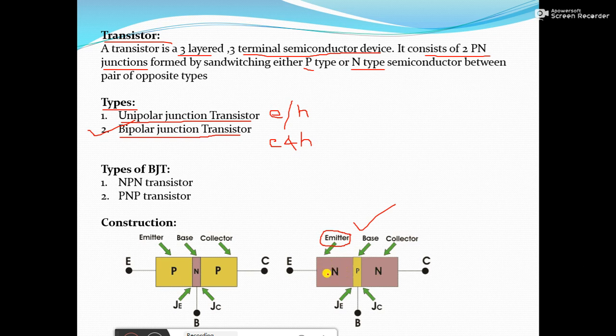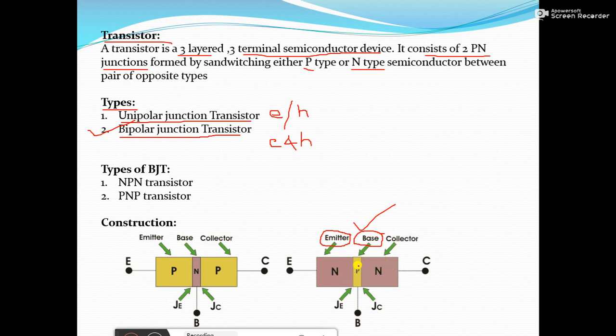It is moderate in the sense it is not large and it is not small. Next one is the base. This is going to form a bridge between the emitter and the collector. The function of the base is to transmit the charge carriers, electrons or holes, that are emitted from the emitter to the collector.